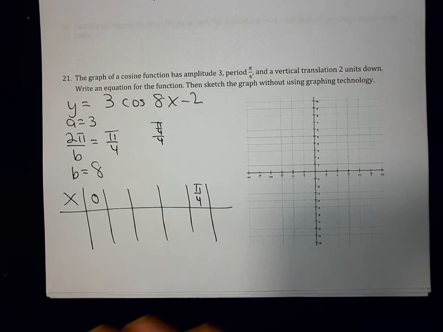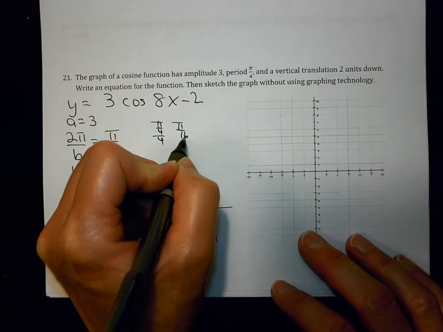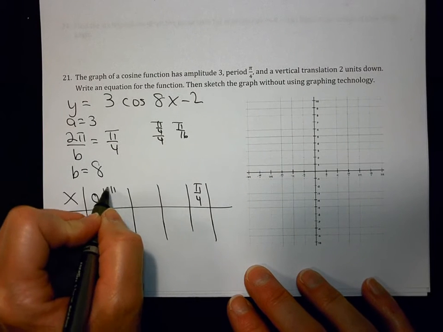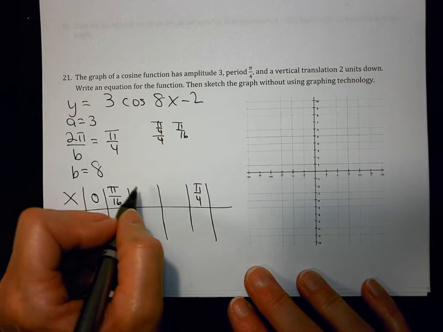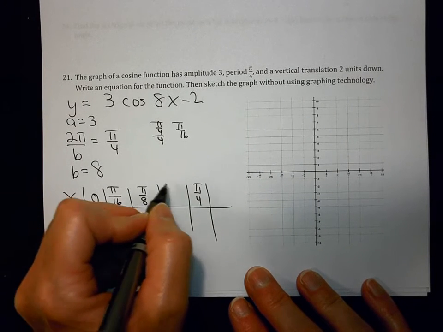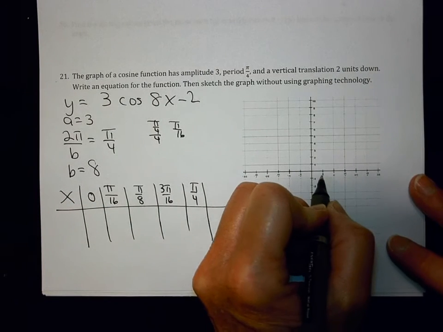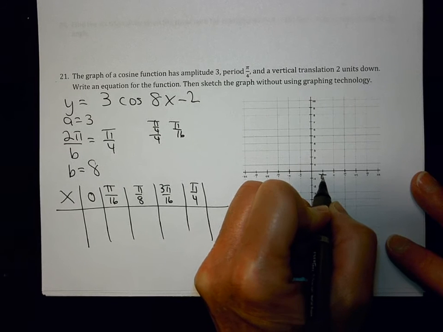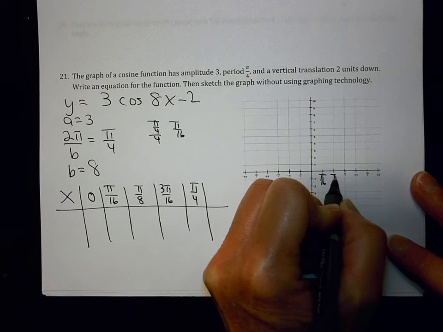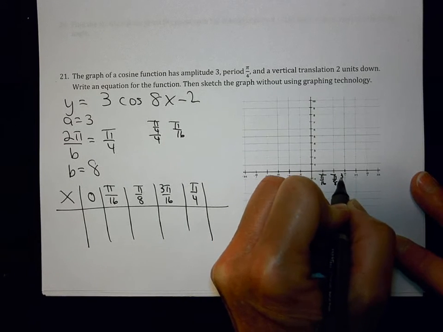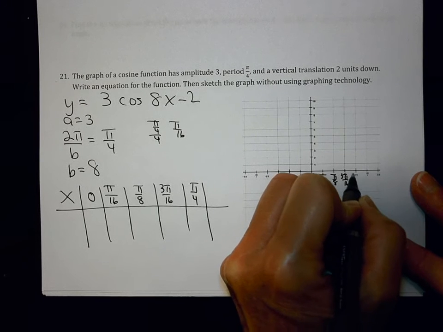So our interval is going to be pi over 16. So pi over 16, pi over 8, 3 pi over 16. So I'm just going to recall these. So pi over 16, pi over 8, 3 pi over 16, and pi over 4.